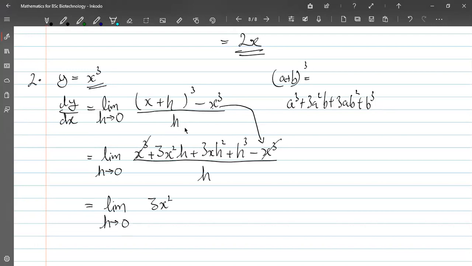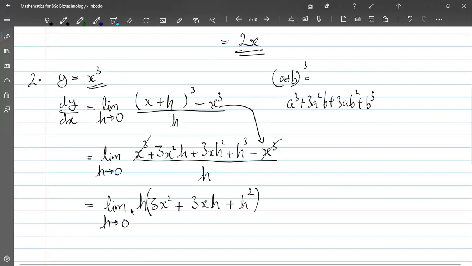3x square h plus 3x h square plus h cube, all over h. So you can see that h is common everywhere, so I'll take that out. h times 3x square becomes 3x square, because you removed one h. 3x h square becomes 3x h, and h cube becomes h square. You've taken that h outside. Denominator is still h.